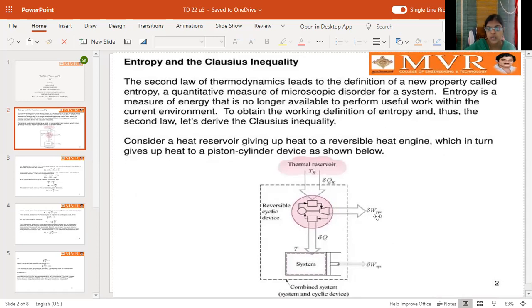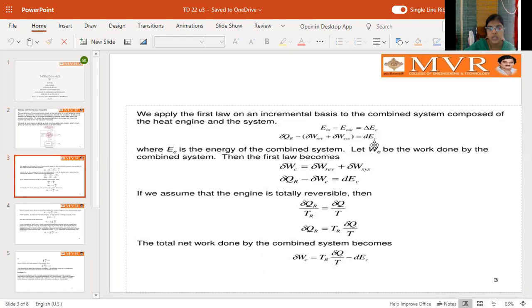So W reversible, the cyclic device's work done, plus the work done for the system. Input of the reversible cyclic device minus energy out, W reversible plus the energy of the system, is equal to the differential of the total combined energy.